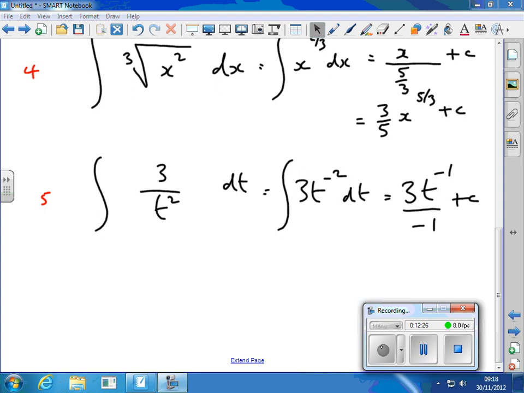Okay? So tidying this up, the fact that it's minus makes the whole thing negative. So I can just say this equals minus 3, and again, t to the minus 1 can be written as 1 over t. So it becomes minus 3 over t plus c.